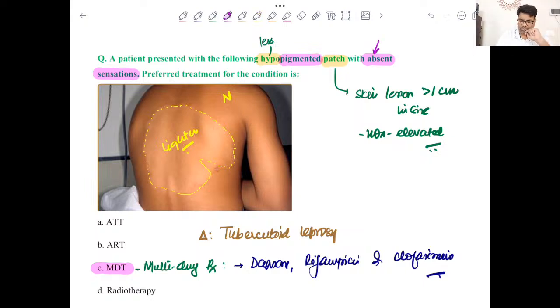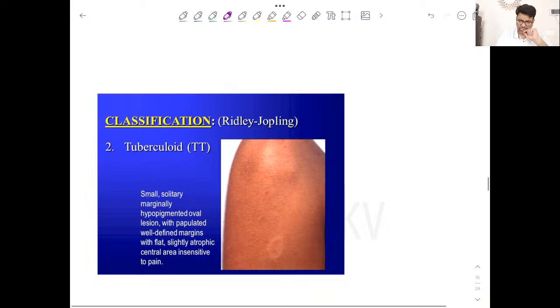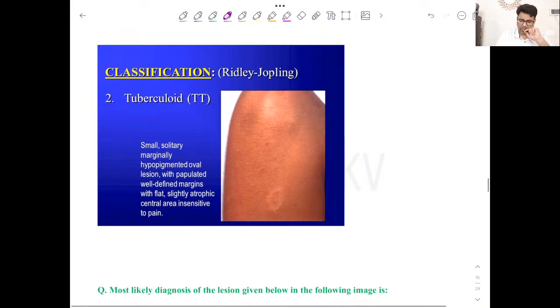So that is tuberculoid leprosy, and start MDD, right? So this is tuberculoid, and the important thing about tuberculoid is that insensitive to pain. So no sensations, right? No sensations. This is very important.